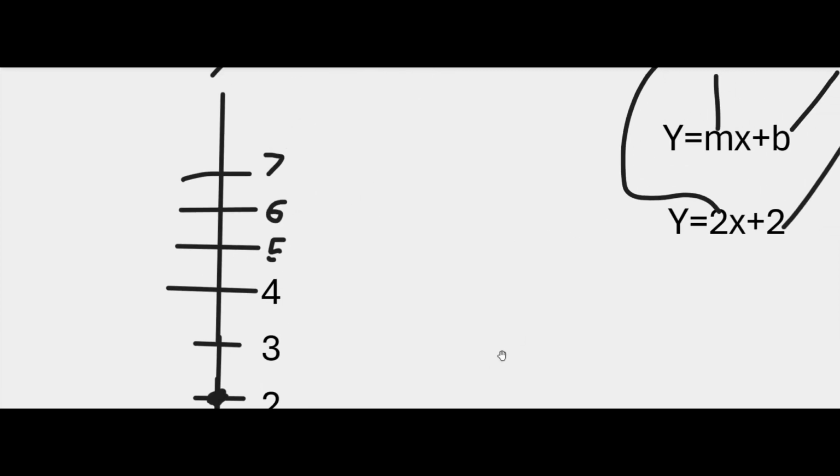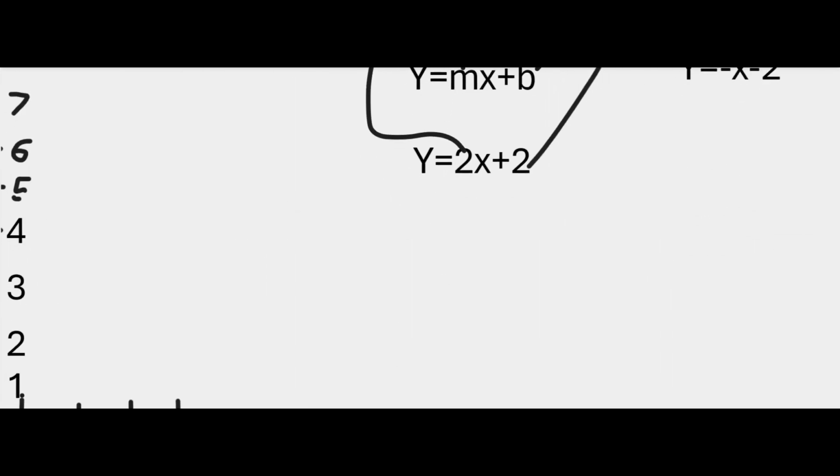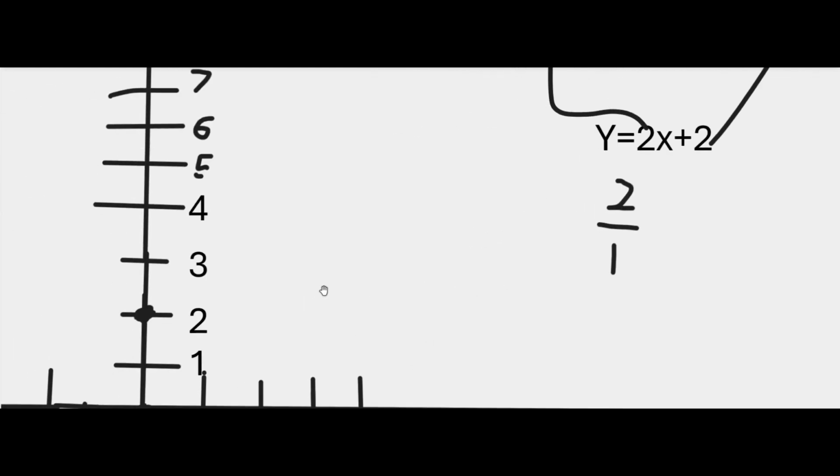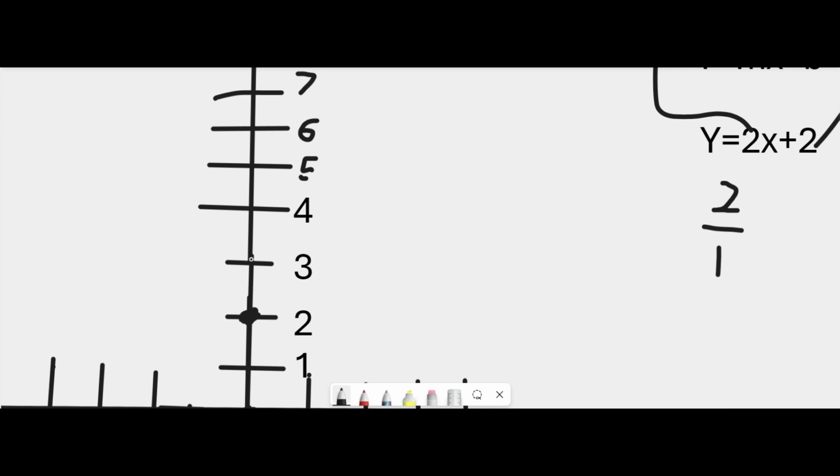And then the slope is saying 2, which means you go up 2 and you go over 1. So we're going to go up 2 and we're going to go to the right 1. Then we're going to go up 2 and go to the right 1. And we can just keep doing that.